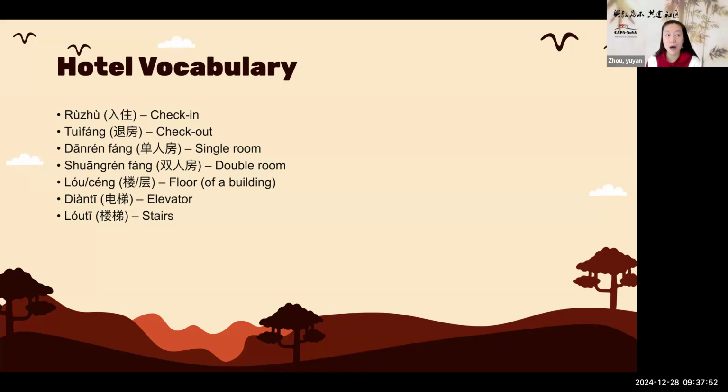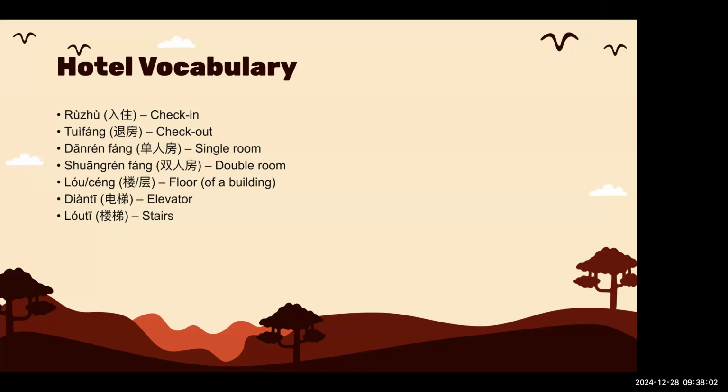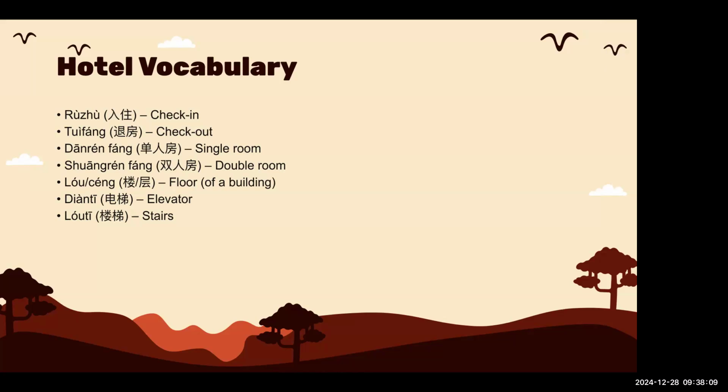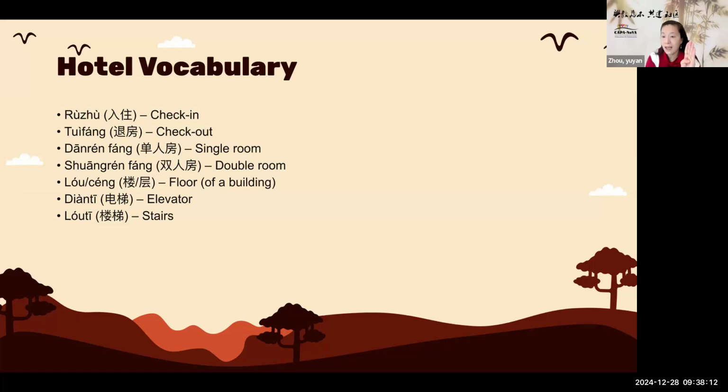First of all, I want to give everybody a quick rundown from number 1 to 10. 1 is 一, 2 is 二, 3 is 三, 4 is 四, 5 is 五, and so on up to 10.